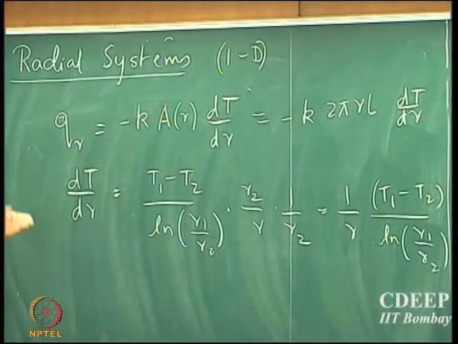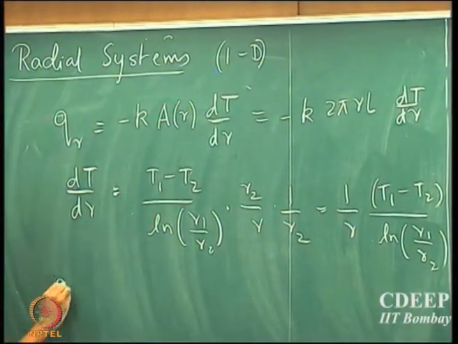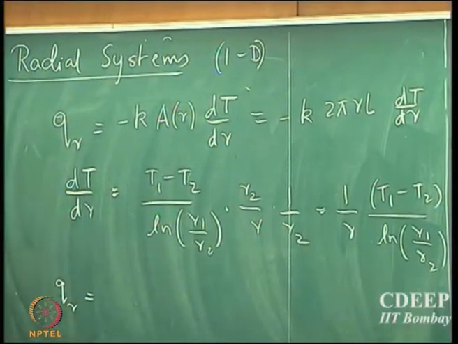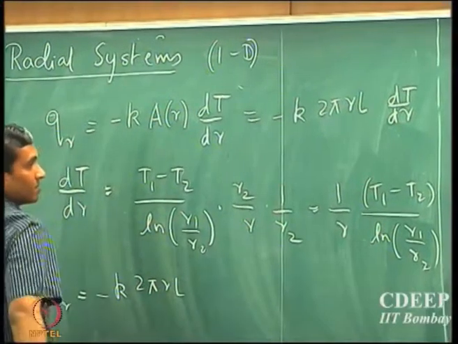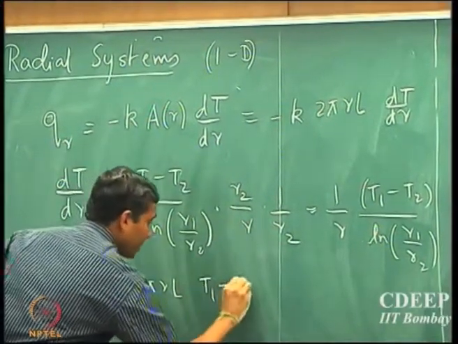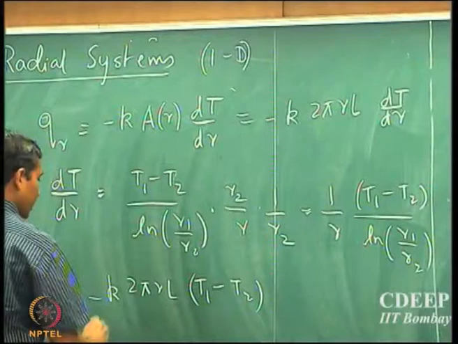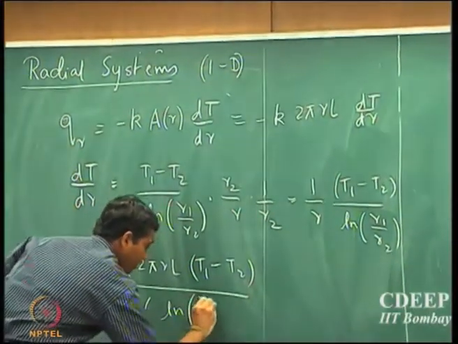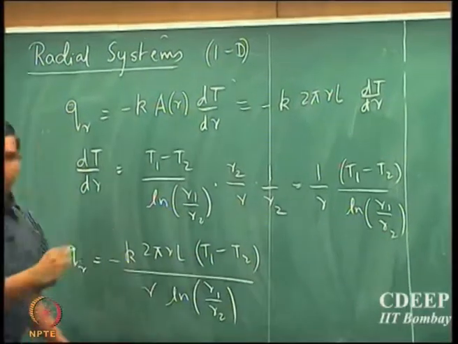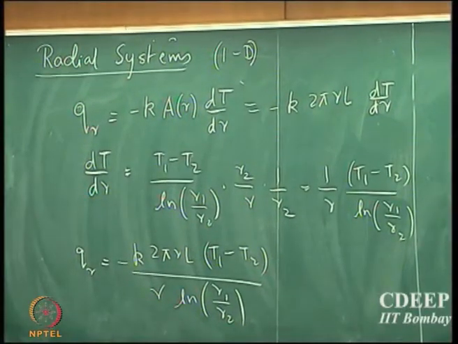So I can substitute the gradient, and so that will be Qr equal to minus k 2 pi rL into (T1 minus T2) divided by r into ln(R1 by R2). Okay.